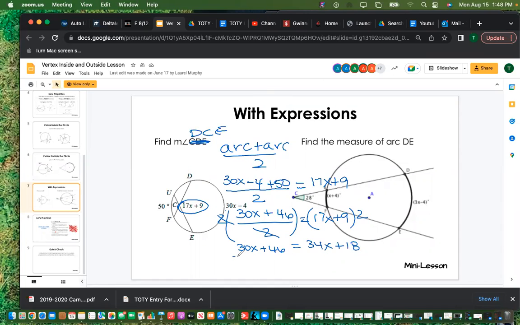So we're going to move the 30x to the other side and the 18 to the other side. I'm doing this all in one step because I hope at this point you're able to solve. 46 minus 18 is what? 28. Good. And then we're going to divide by 4, which is 7. I'm going to pause and give you a second to finish writing that because I know that's a lot.